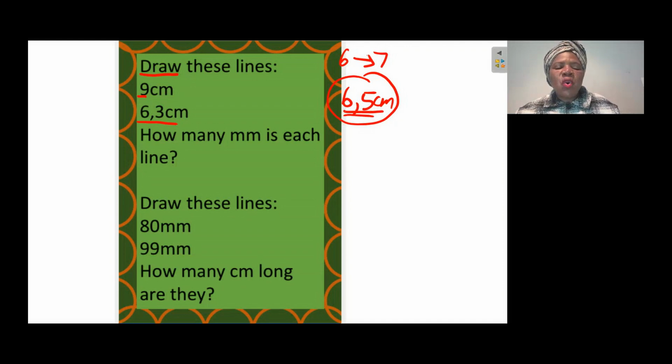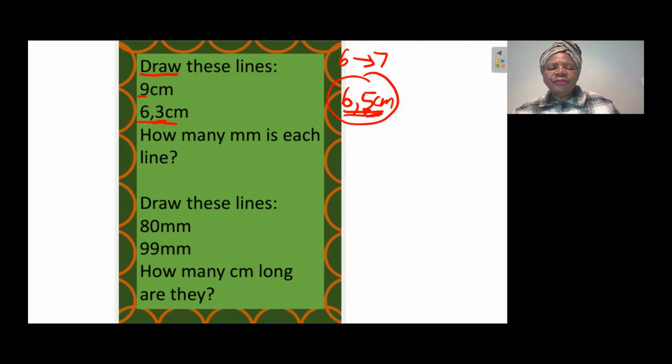Then you need to go 2 smaller strokes backwards. That's where you have 6.3 centimeters. It just means 6 centimeters and 3 millimeters. The 3 millimeters count from 6 going forward, but it will be before the middle line between 6 and 7, which is showing 0.5.